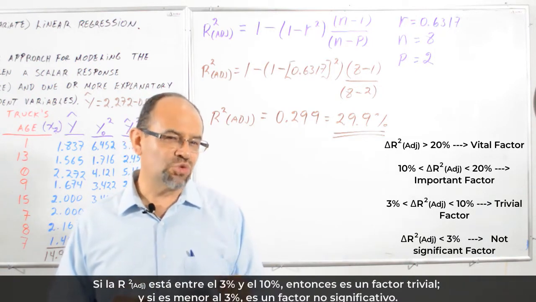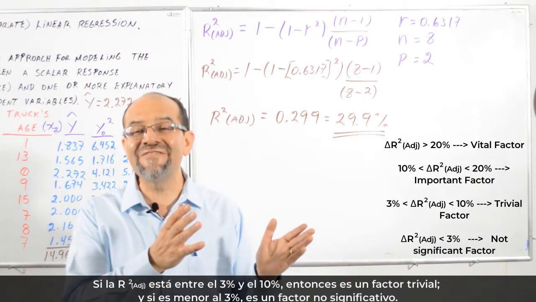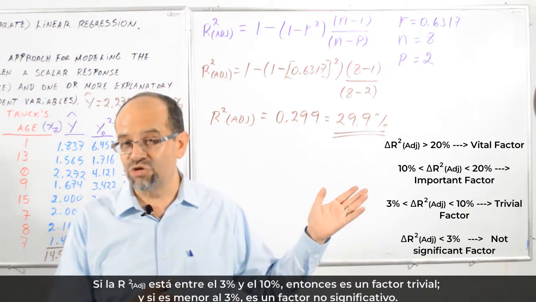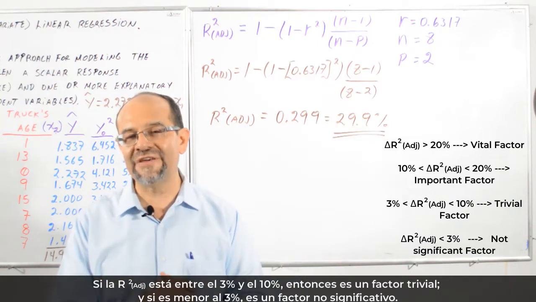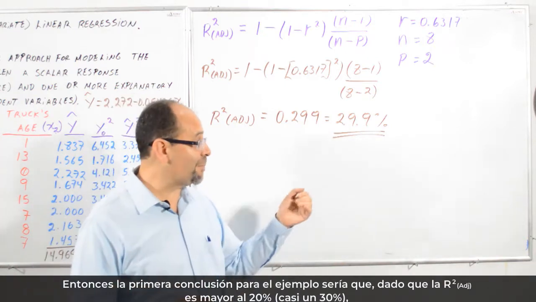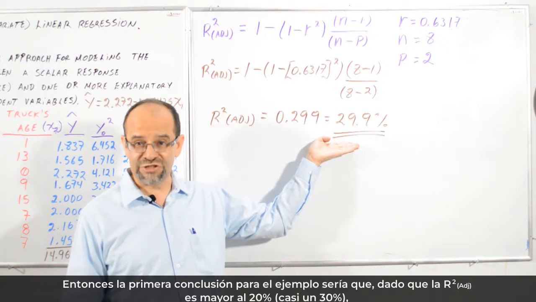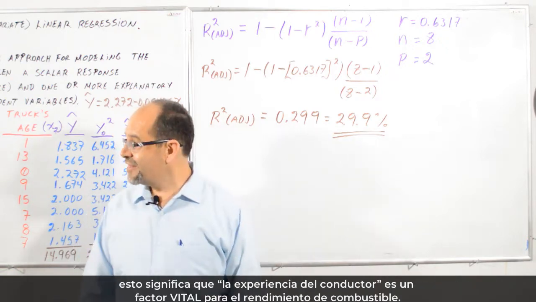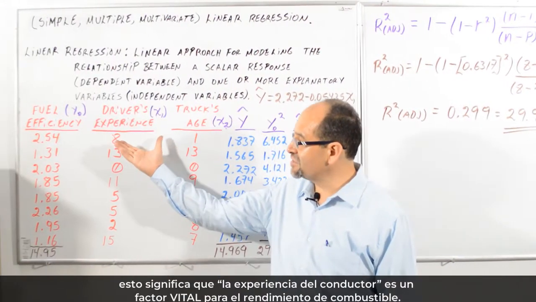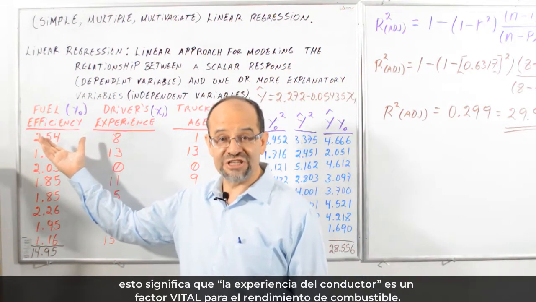If it is between 2.3% and 10%, that is a trivial factor, and smaller than 2.3% is a non-significant factor. Well, that is the first conclusion. For this example, since the R-squared adjusted is greater than 20%, almost 30%, that means that driver's experience is a vital factor for fuel efficiency.